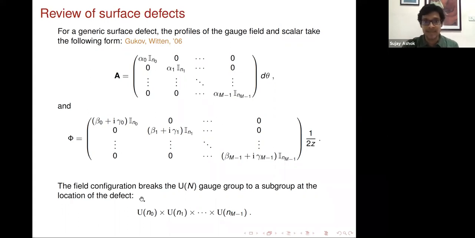And the subgroup is precisely this U(n naught), U(n1), and so on up to U(n m minus 1). So this gives you a generic breaking. These could be any integers. All right, so I hope it's clear what the profile of the four-dimensional fields look like near the location of the defect.